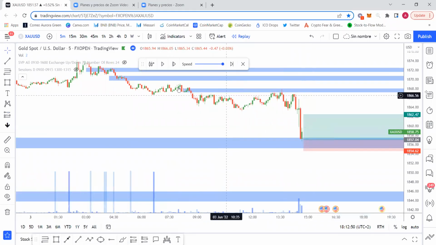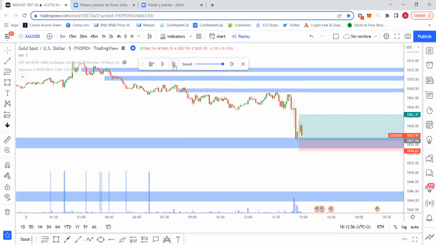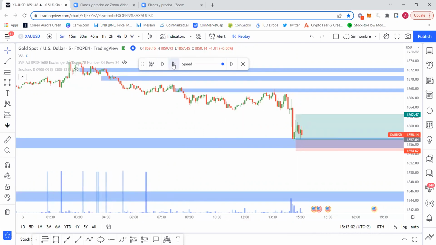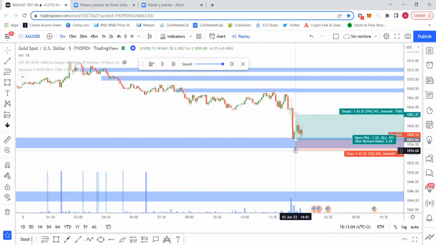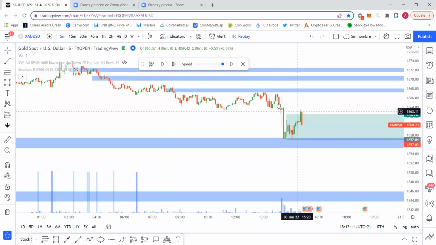Maybe this will be my target. Well, right now, I really don't recommend any of you trading against the trend, so you should forget about this. But if you're ever trading against the trend, make sure to trim off your profits very fast or secure your trade, okay? And this will be a safe target.